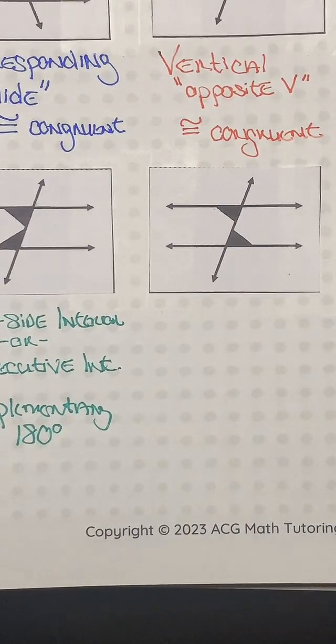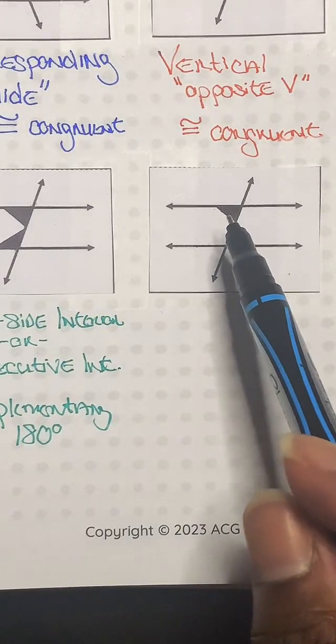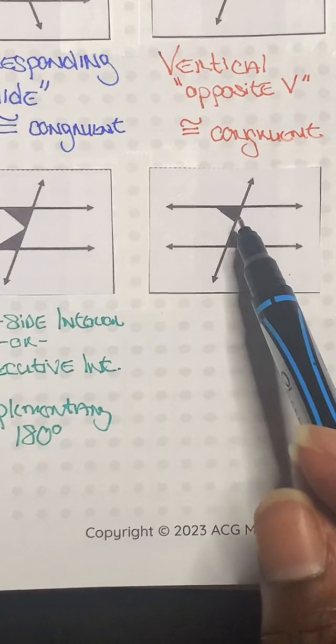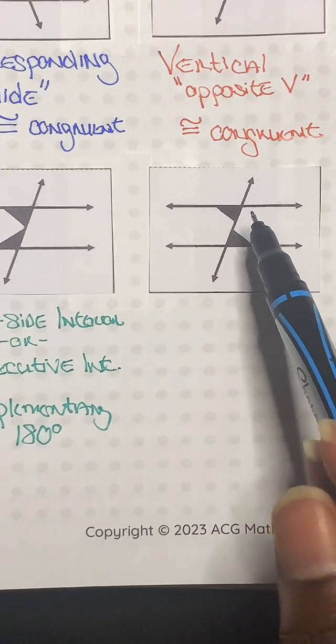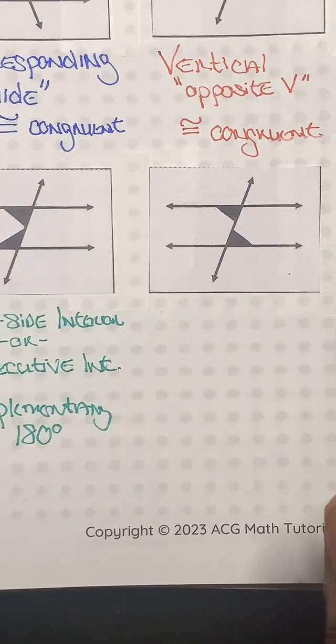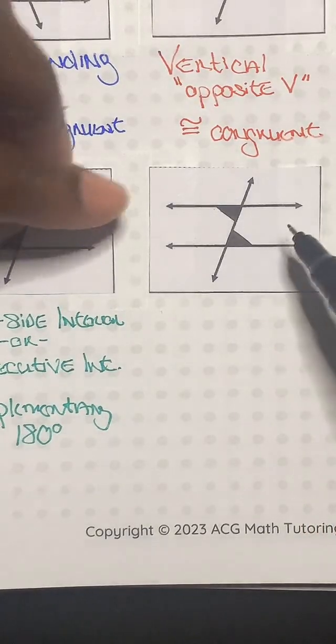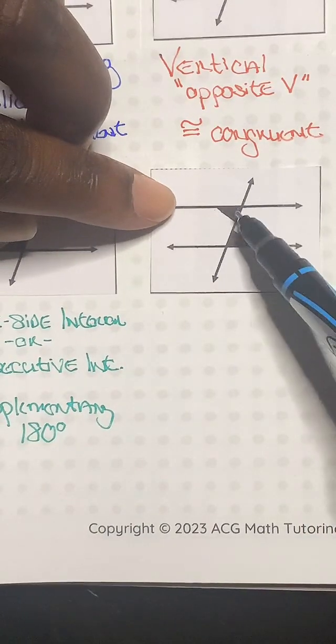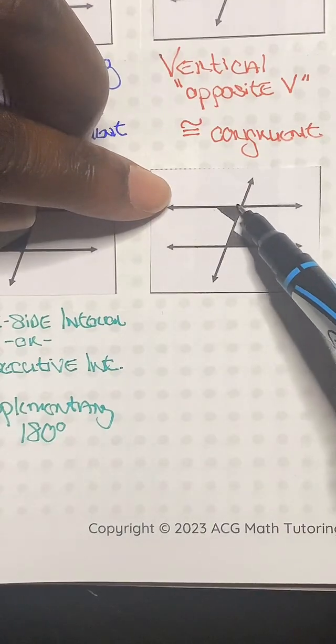So opposite interior, good, but there's another word we can use instead of opposite. You're correct. Since they're in between the two parallel lines, that's the interior.